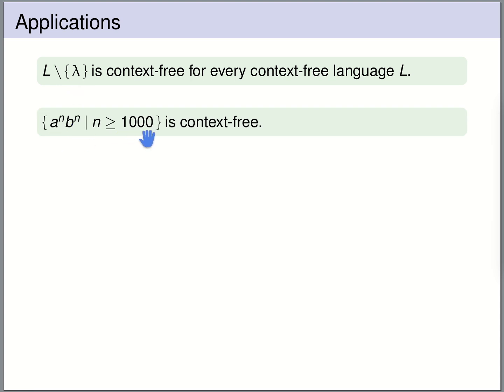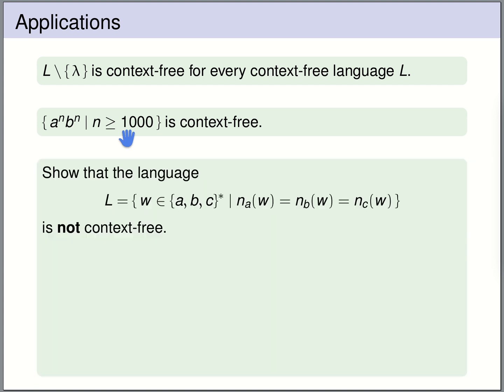Likewise, in this case, we already know that a to the n, b to the n for n greater equal 0 is context-free. If we now restrict n to be greater equal than 1000, then we know that this is basically the same language, but we've dropped finitely many words, namely 1000 words from the language. We have removed finitely many words, that's a regular language, so the result must be context-free again.